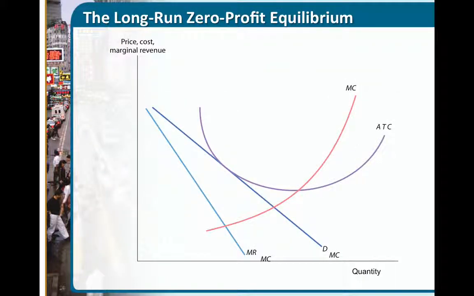So in the long run, here's the zero profit equilibrium. And the point of tangency, marginal revenue equals marginal cost, of course. You go up, and the demand, which is also the price here, will equal average total cost at the profit maximizing output.